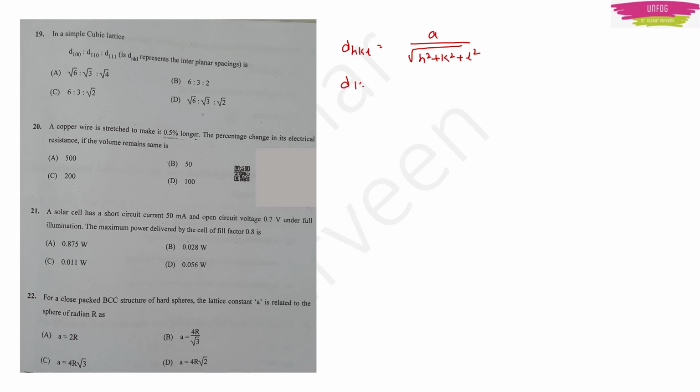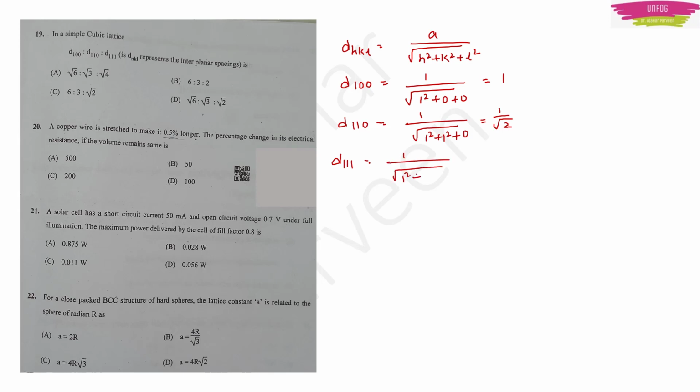So for d100, it will be 1 by square root of 1 square plus 0 plus 0. This will be 1. Similarly, for d110, it will be 1 by square root of 1 square plus 1 square plus 0. It will be 1 by root 2. And for d111, it will be 1 by square root of 1 square plus 1 square plus 1 square. It will be 1 by root 3. So in terms of numbers, it is 1 is to 1 by root 2 is to 1 by root 3.